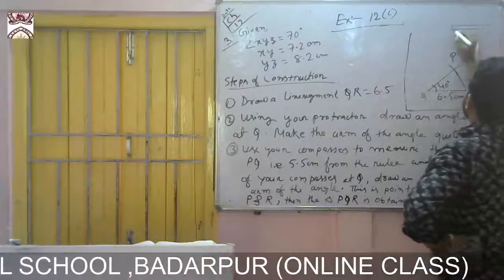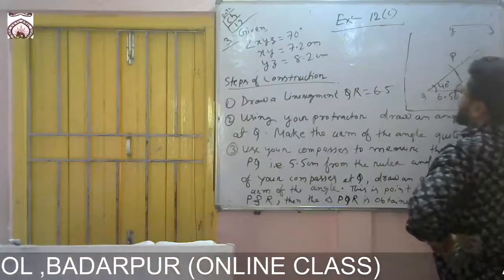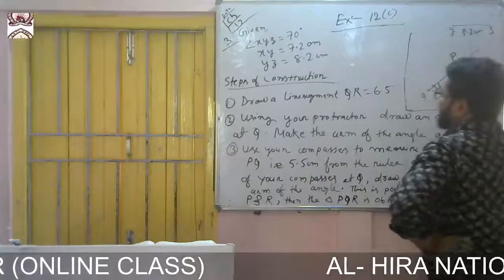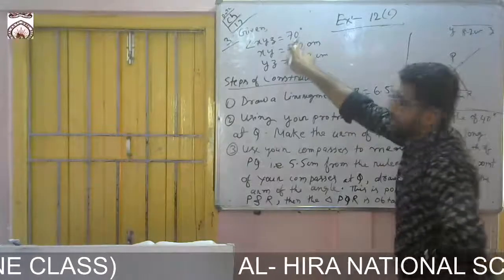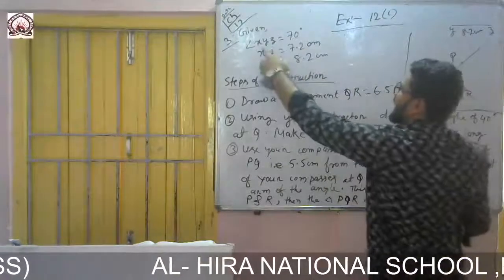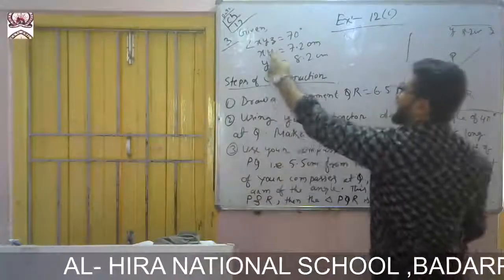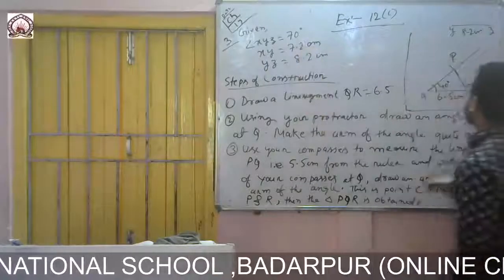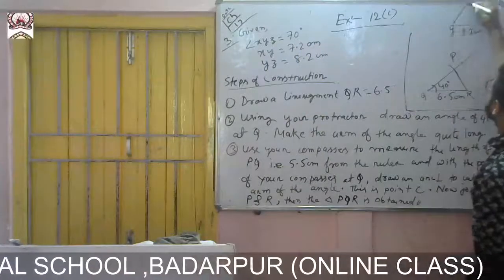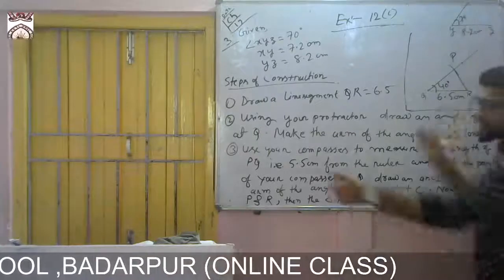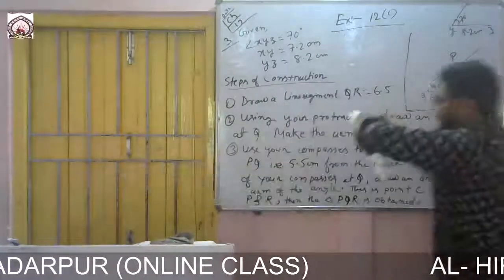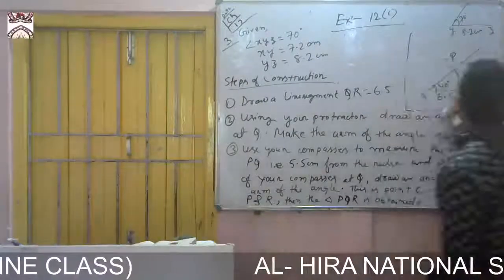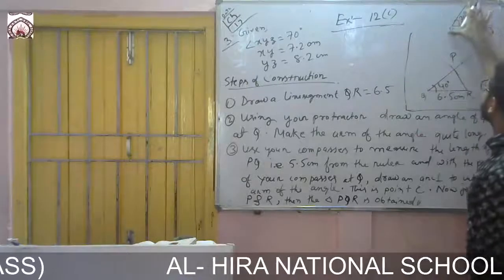First I shall take YZ equals 8.2 centimeter, and at Y I shall draw 70 degree, because XYZ equals 70 degree, that means angle Y equals 70 degree. Using this protractor, I shall draw 70 degree at Y.